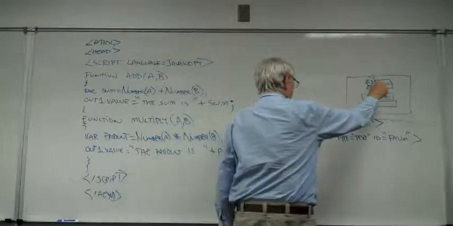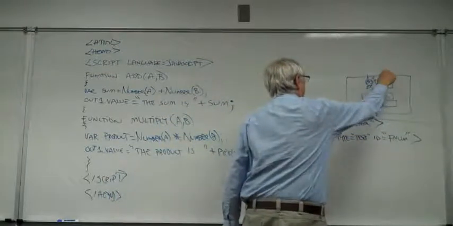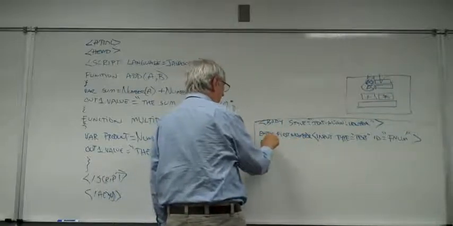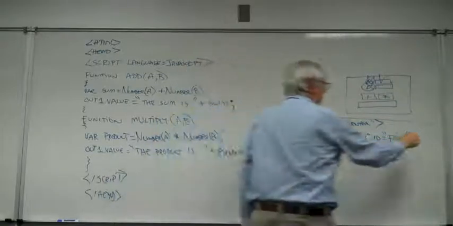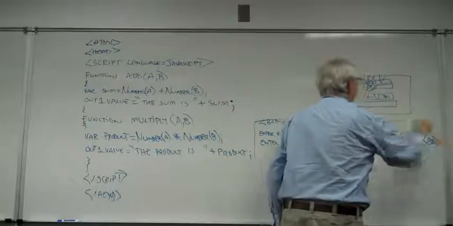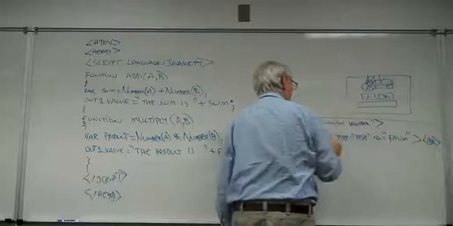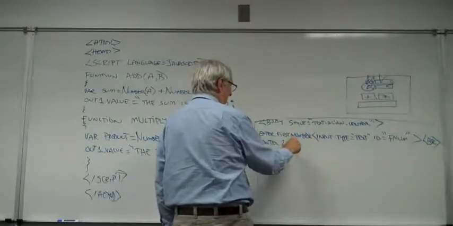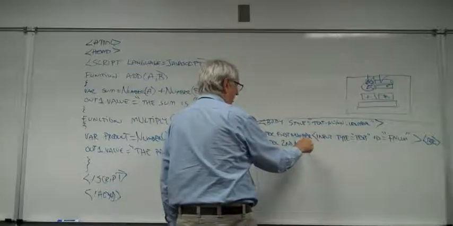Then I want to do, now I just did this and I just did that. Now I want to do this one right here. So I say enter. By the way, I should put a BR here, huh? Make sure that it goes down to the next line. Okay, put a BR and say enter second number. My writing's not so cool.